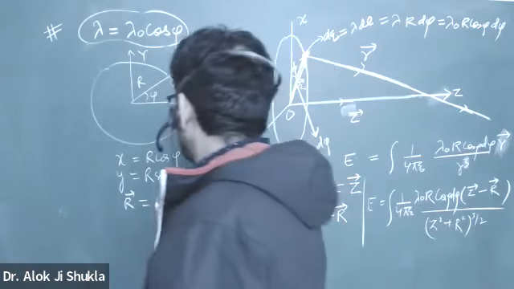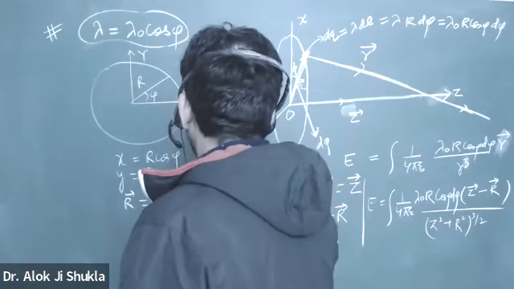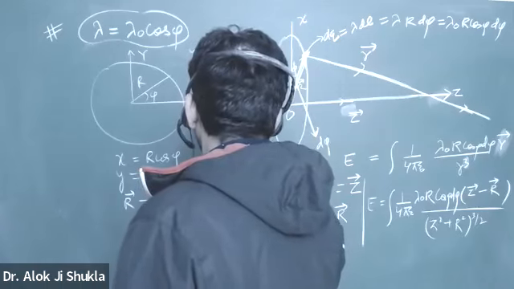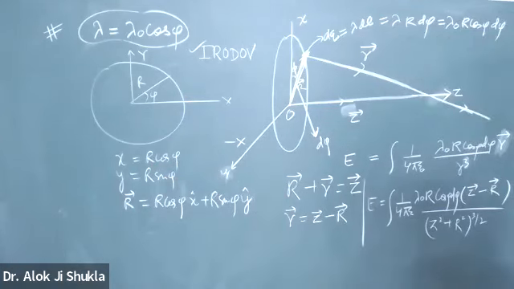So it can be written as r cos phi x cap plus r sin phi y cap, right? Resolution.